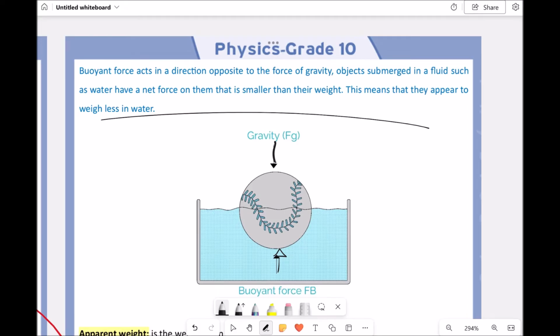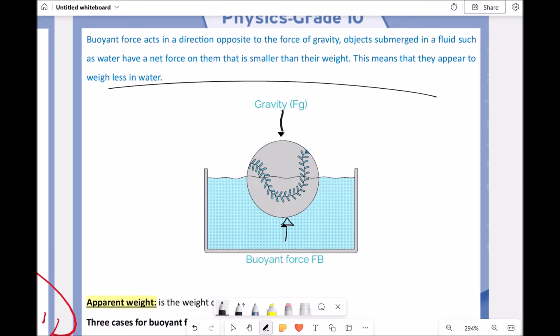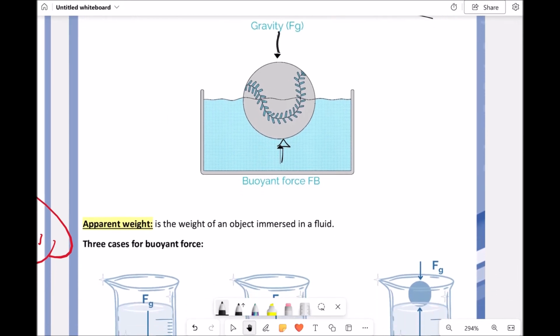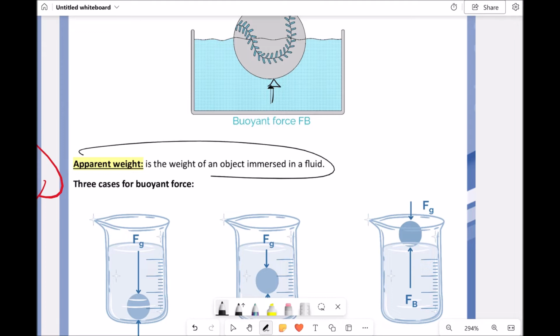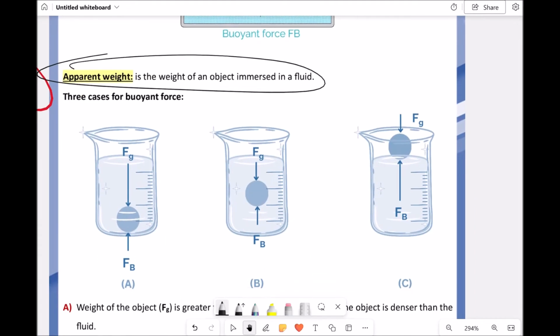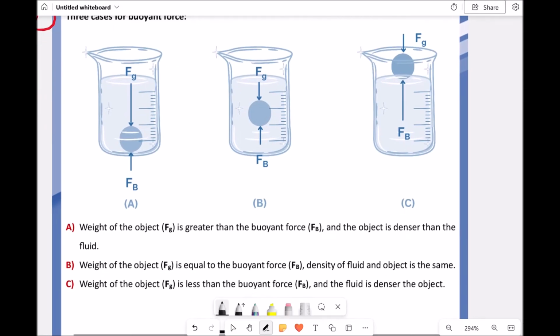So as we talked about here, objects in water feel lighter. This is because a force is applied on them. They experience a force which we call buoyant force, okay? Apparent weight is, as we studied, the weight of the object immersed in a fluid. Now, guys, we have three cases when we are dealing with buoyancy.